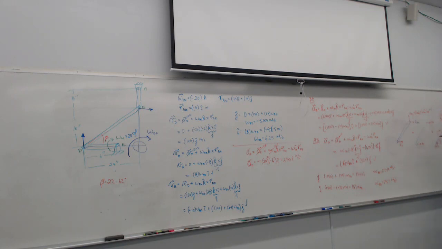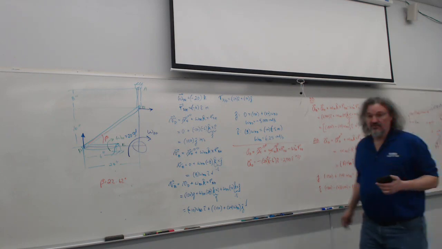Presumably we already got our omega AB squared, omega AB, I should say, 6.25 squared, and the length of AB is 8. So 6.25 squared times 8 is 312.5.